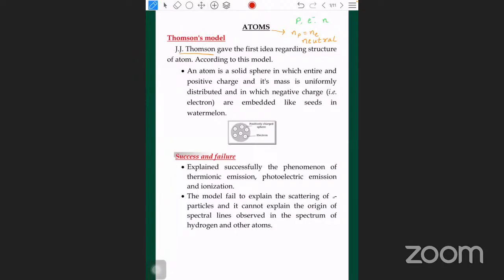Now, what does the J.J. Thomson atomic model tell? Suppose I consider an atom. In this atom, the entire mass of the atom is uniformly distributed throughout the entire surface.